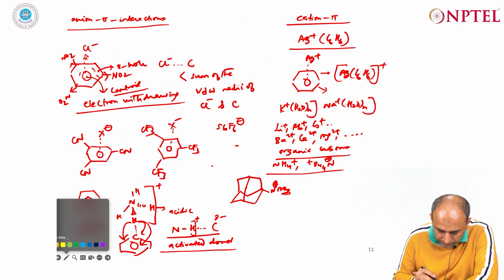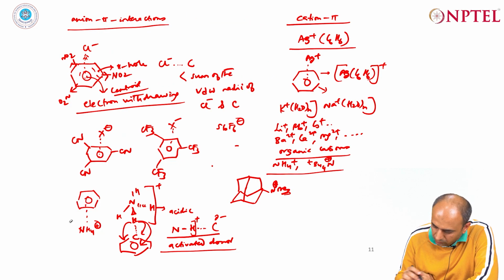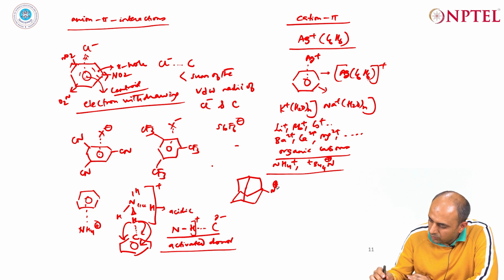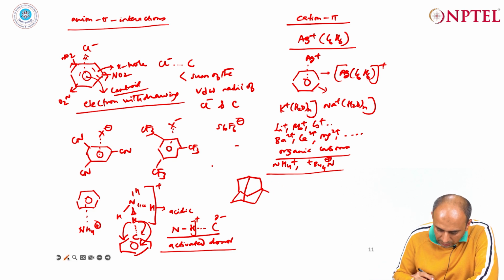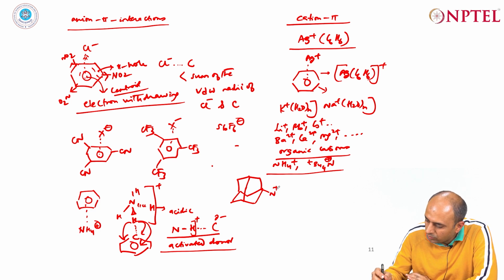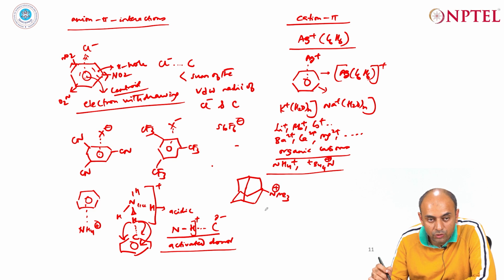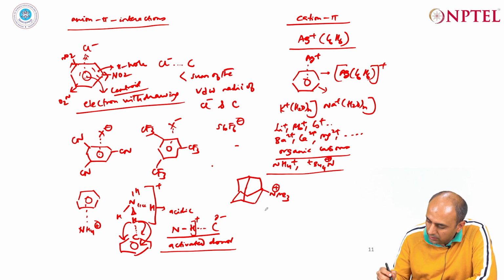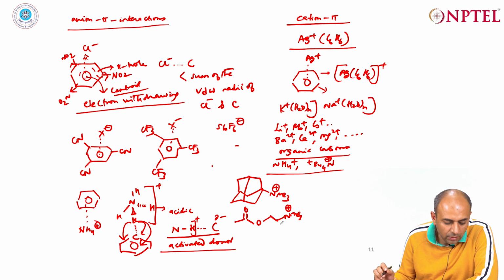We can consider N plus Me3. This kind of a bulky cation can also be considered. We can consider N plus Me3, this kind of an alkyl.